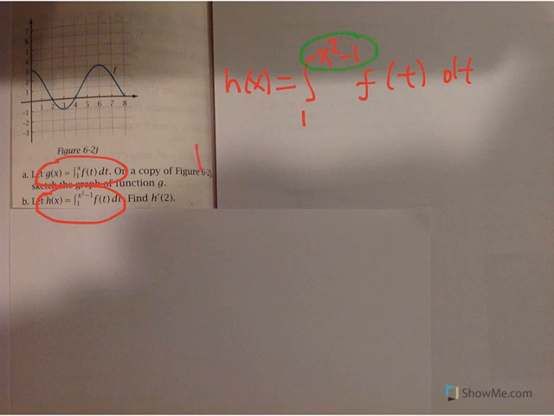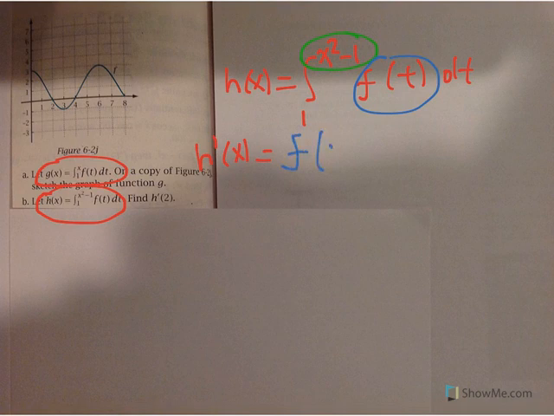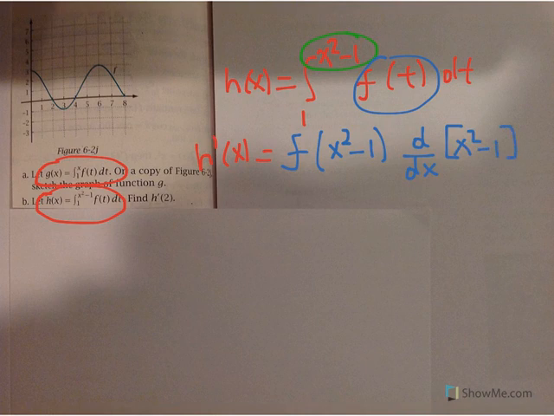So the derivative here would be, using the second fundamental theorem of calculus, our integrand evaluated at x squared minus 1, the upper limit of integration, and then we're going to multiply by the derivative with respect to x of x squared minus 1.